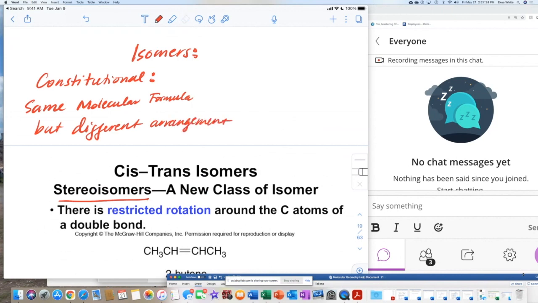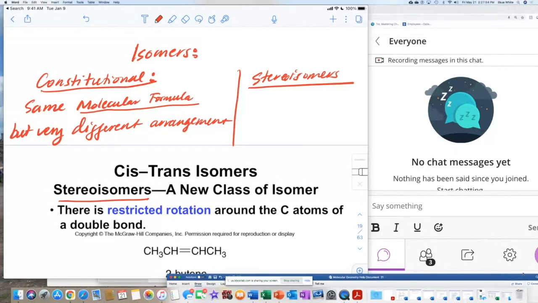So I would just say different, but very different. Like you have to count to make sure they're the isomers, okay? Constitutional. As we look at the cis and trans isomers, these usually look the same. No, they don't look the same. They look similar. They look more similar. Stereoisomers.